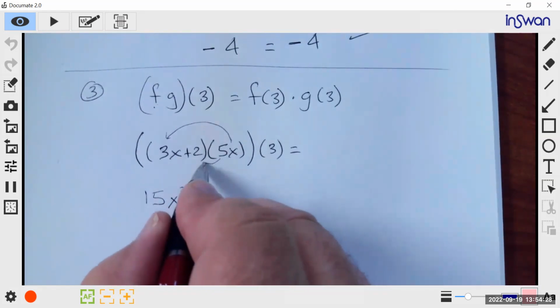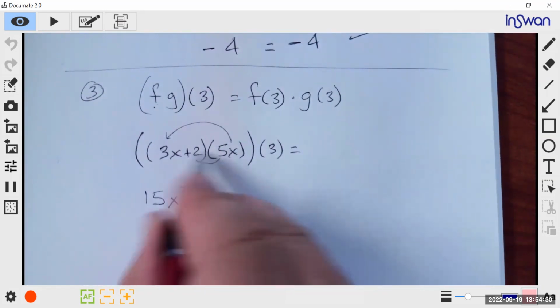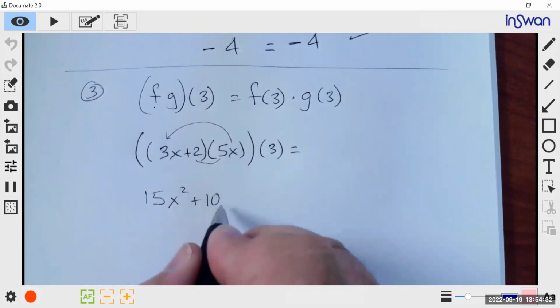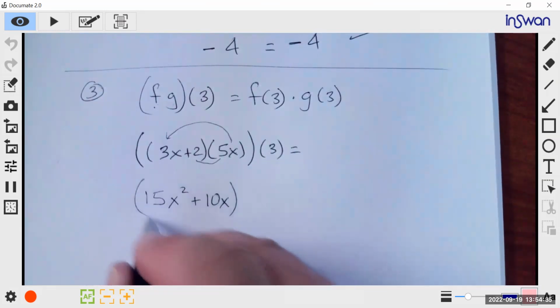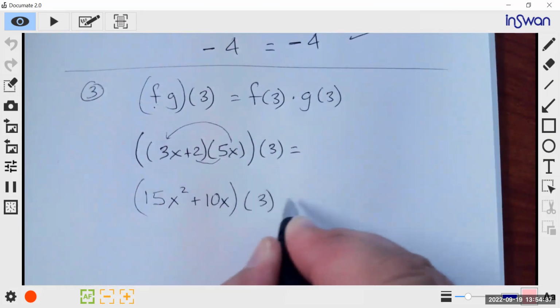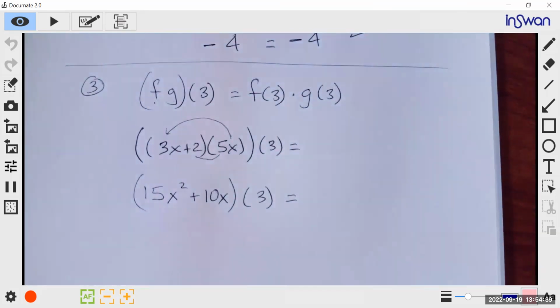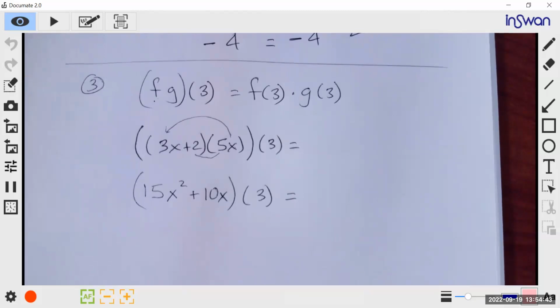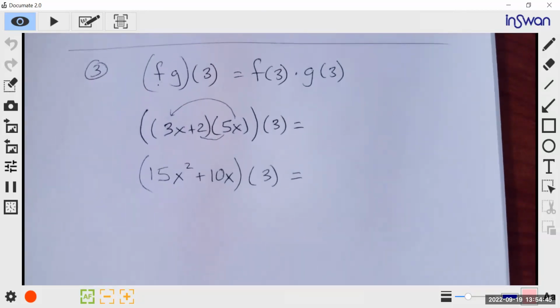Next one: 5 times 2 is plus, they're both positive. 5 times 2 is 10, x. Unlike addition, when you multiply variables, you change the exponent. If you add and subtract variables, you only change the coefficients.